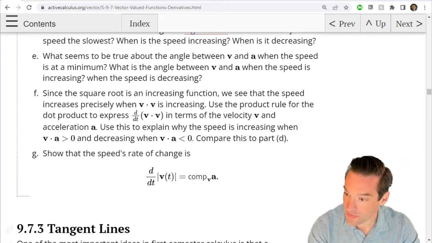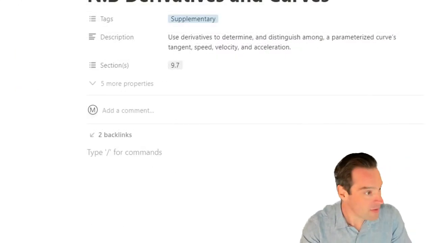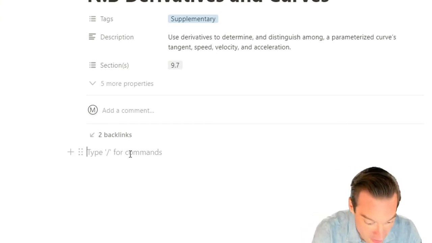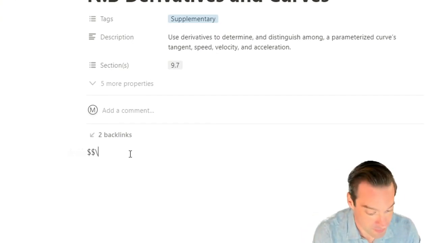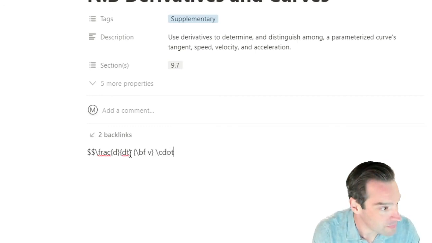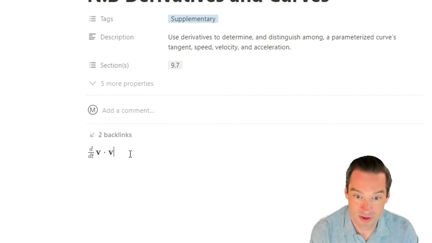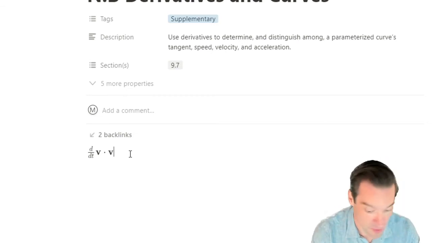So I'm just going to type this one piece up here. What we're trying to do is find the derivative of the dot product of the velocity with itself. So this is the derivative that we're trying to compute.